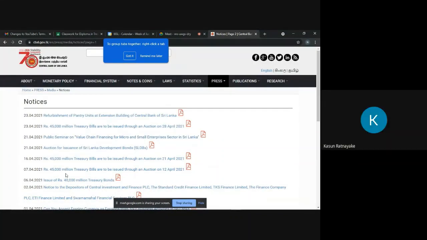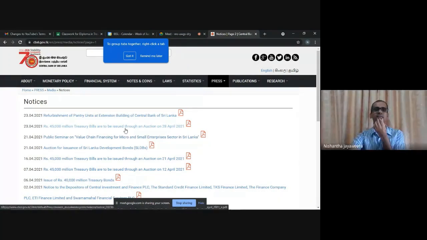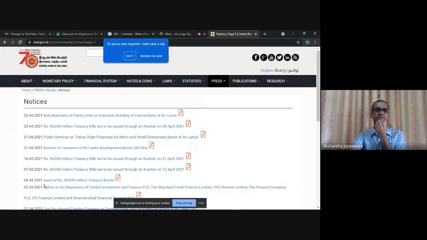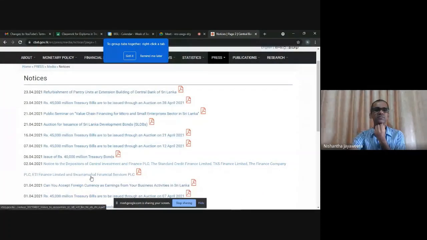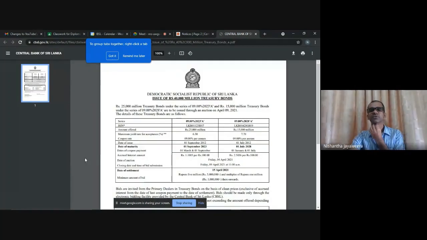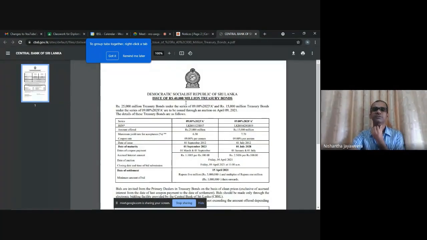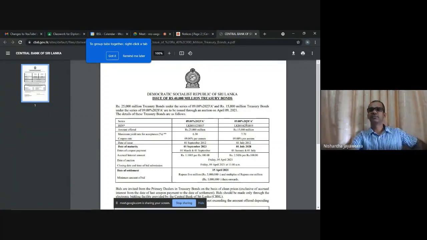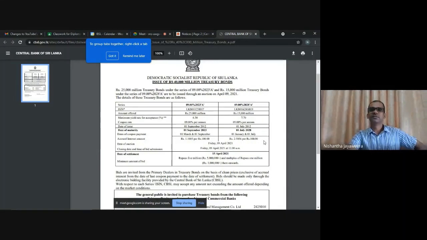The second one is treasury bonds, sir. This is treasury bills, in the previous page. So this is a bond auction announced for 40 billion, 2 series, 9% 2023 and 9% 2028.